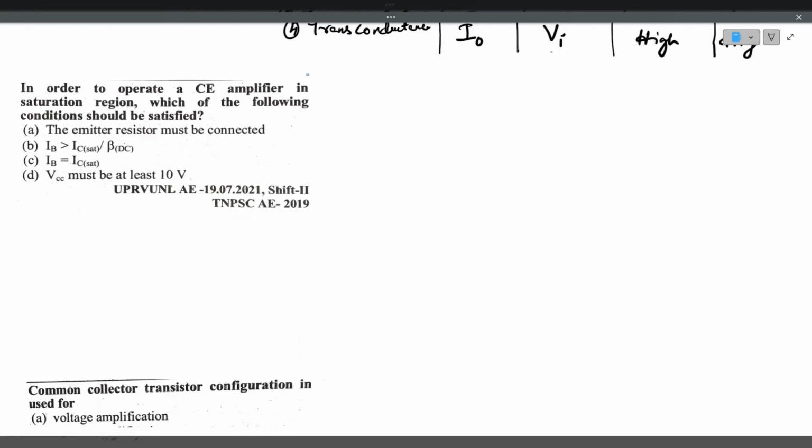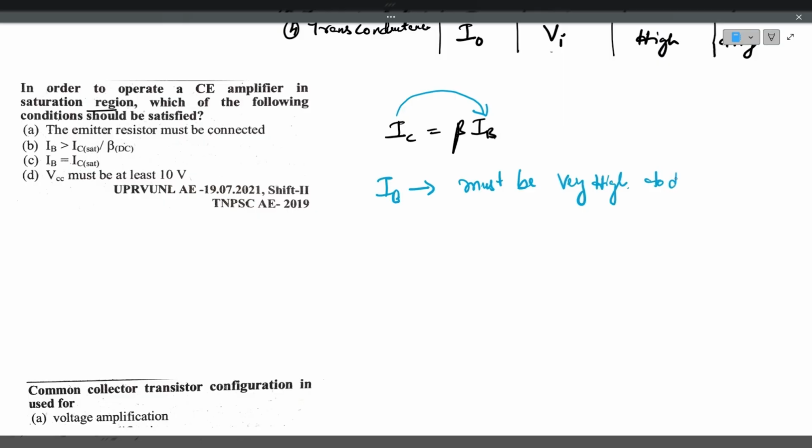Next question. In order to operate the CE amplifier in the saturation region, which of the following conditions should be satisfied? This is very important. The collector current is equal to beta into IB. So basically the collector current depends on IB, base current. So the base current IB must be very high to drive the transistor into saturation region.